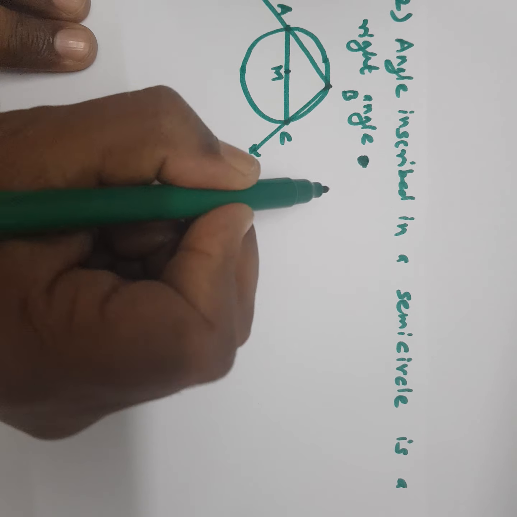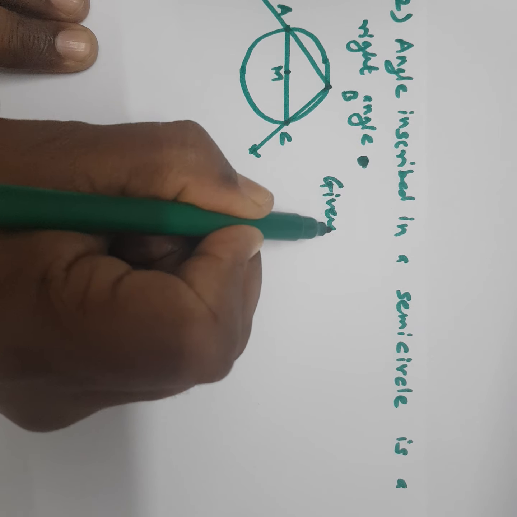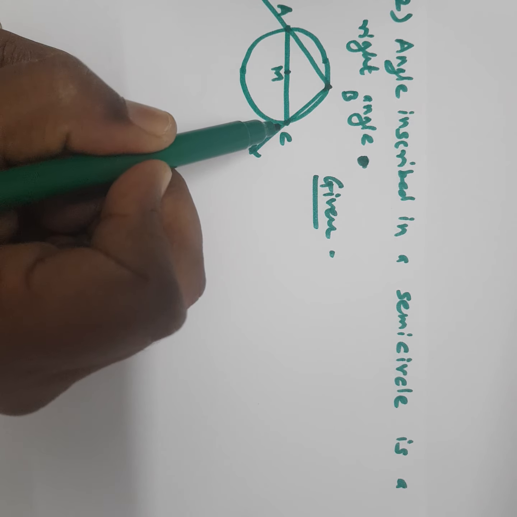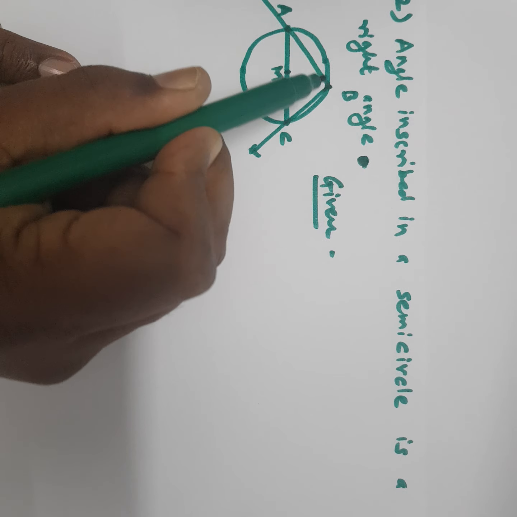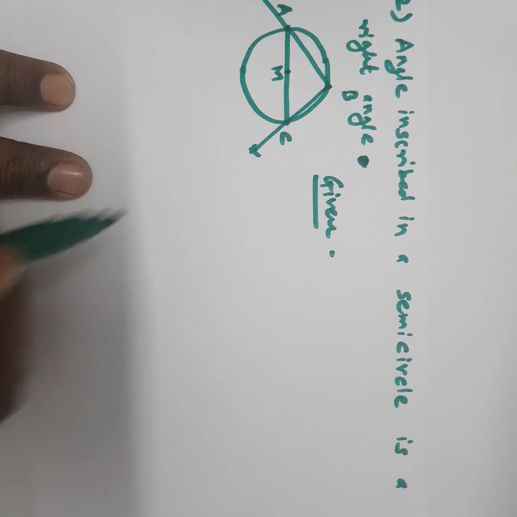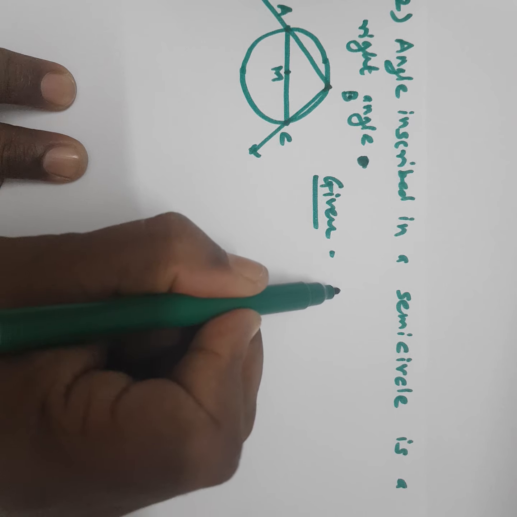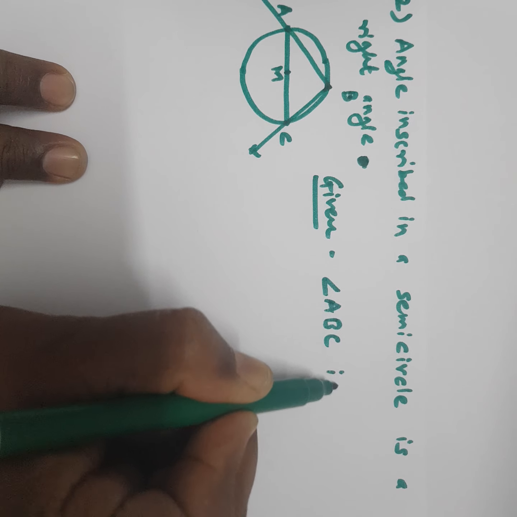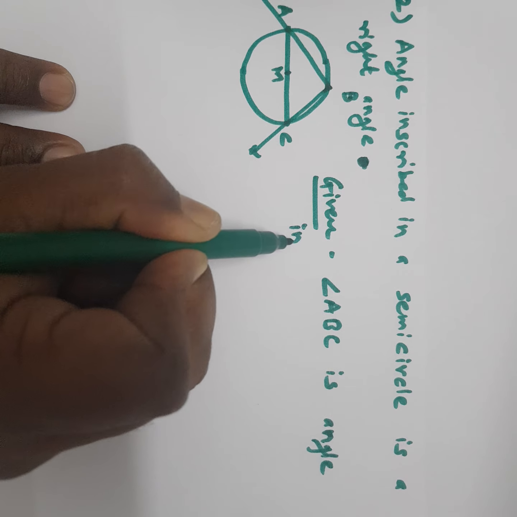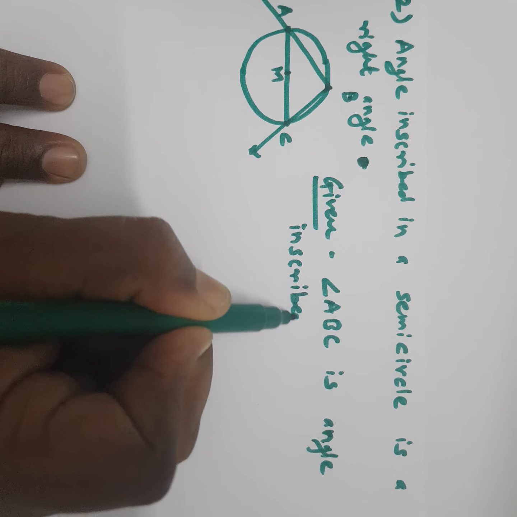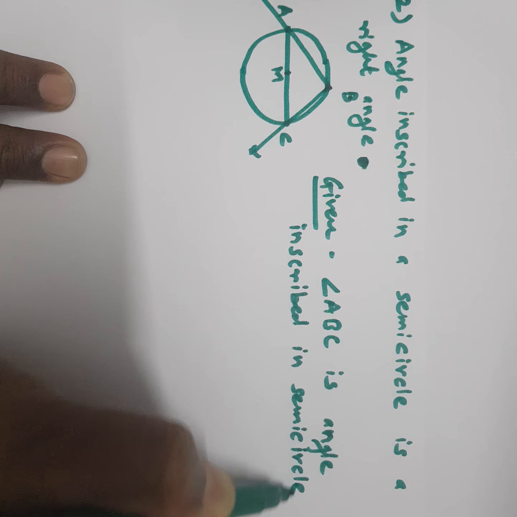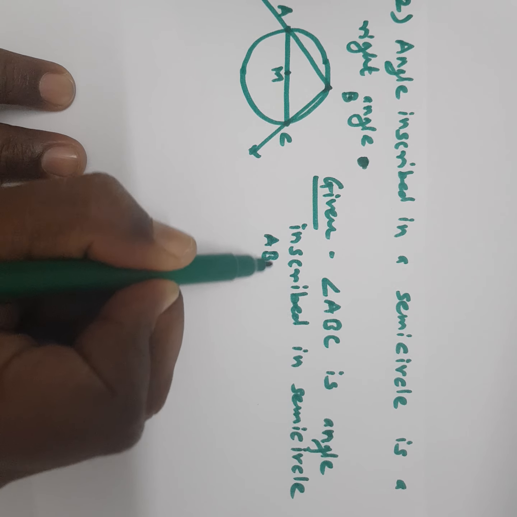Here, given: as AC is the diameter, angle ABC is an angle inscribed in the semicircle ABC.